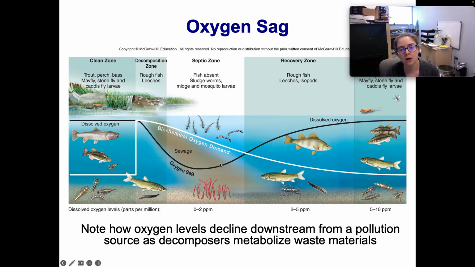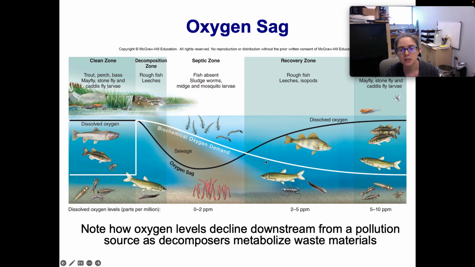But then we see that over time, as you get downstream, farther away from this sewage output, the dissolved oxygen goes up and the biochemical oxygen demand goes back down. That's why this is called an oxygen sag: it's high up here, it goes down for a bit, and then it comes back up. This is an important thing to know about how this works.